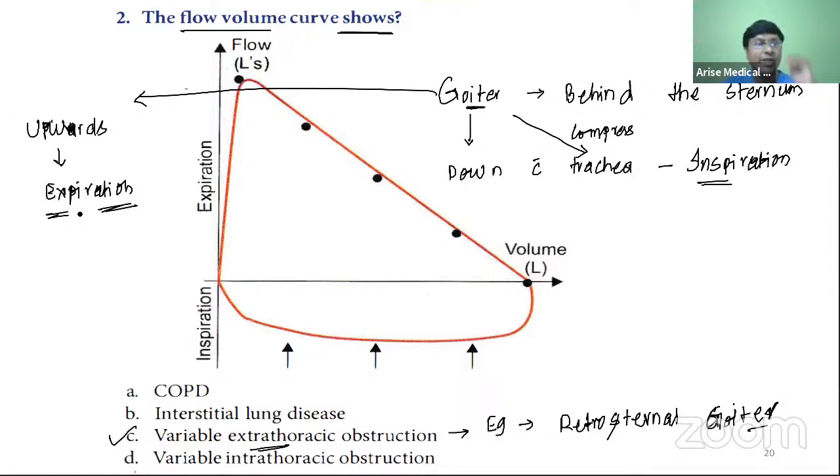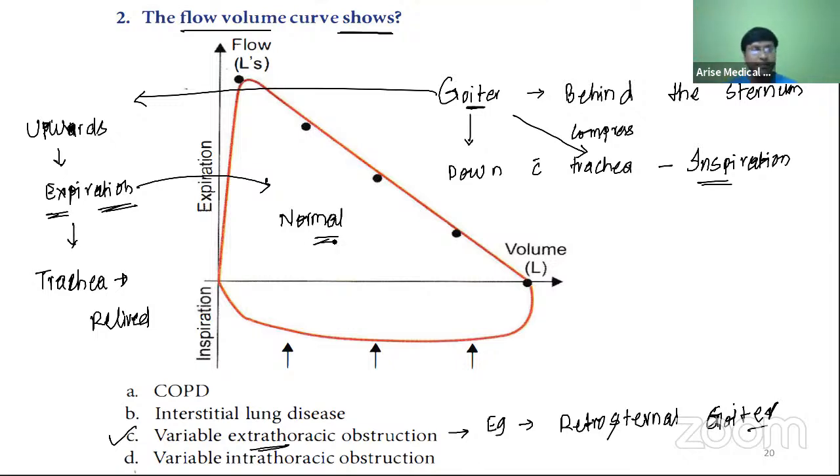So when the goiter moves upwards during expiration, the compression over the trachea is relieved. So expiration will be normal. That is what is your variable extrathoracic obstruction.